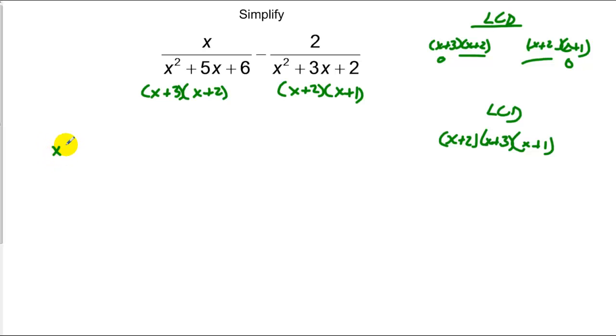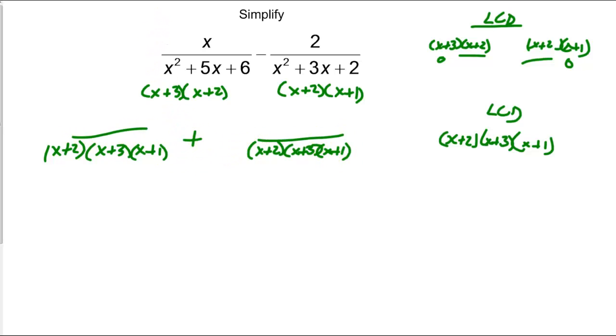Rewrite it into both terms. And now once again ask, how did I get from this first denominator to the second denominator by multiplying? You'll see we're missing the x plus 1 in this first case, and in the second case we're missing the x plus 3.